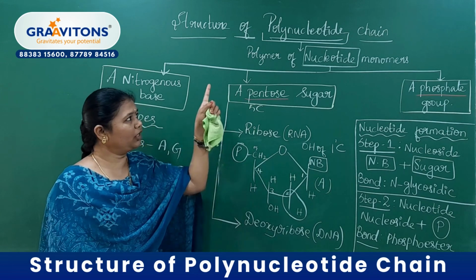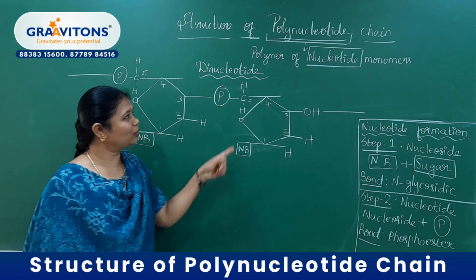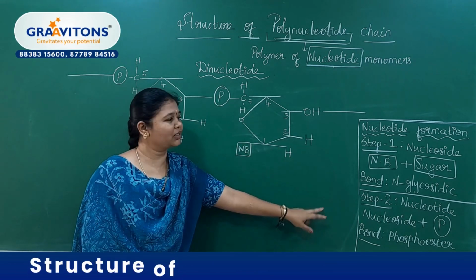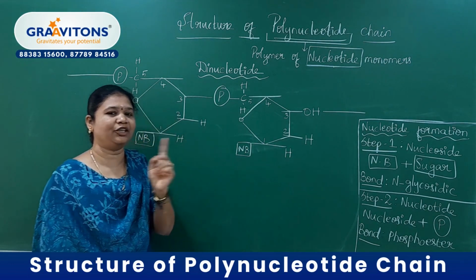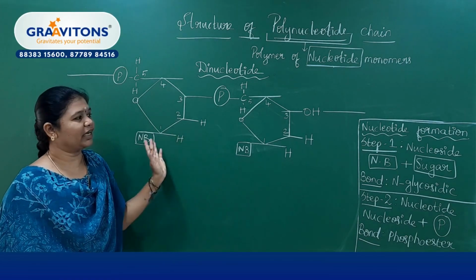Now let us see how a polynucleotide chain forms. First we will talk about dinucleotide formation. We have seen how a single nucleotide forms. Now we are going to see how two separate nucleotides attach. This is a dinucleotide structure.